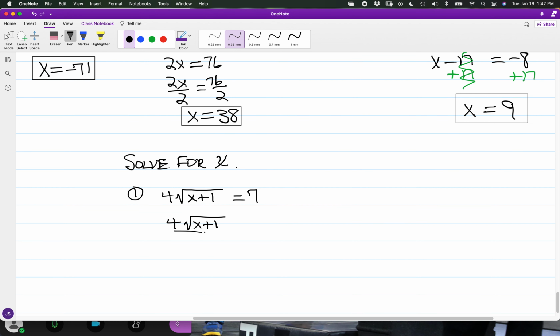Now we got an even root expression and we have a positive constant, so there's going to be a solution on this one.